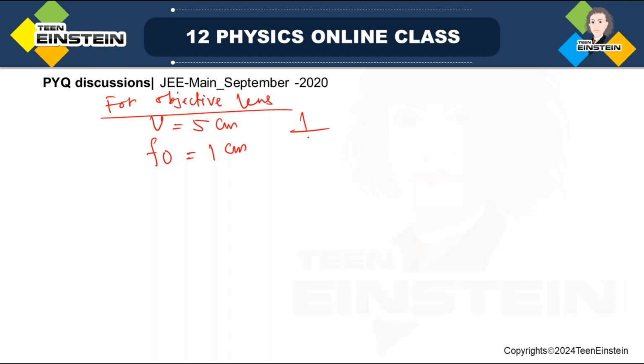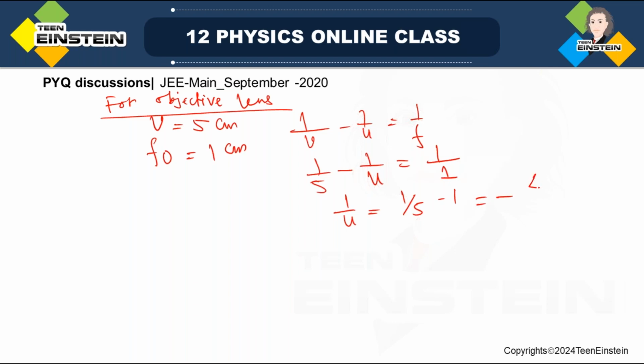Then it is easy: 1 by V minus 1 by U is equal to 1 by F. V is positive, F is positive, so 1 by U is equal to 1 by 5 minus 1, which is minus 4 by 5.